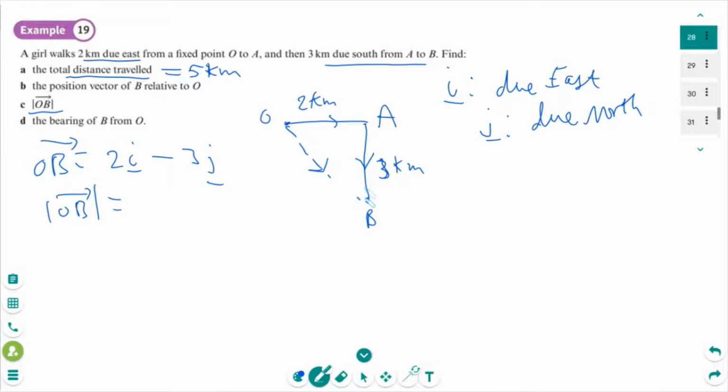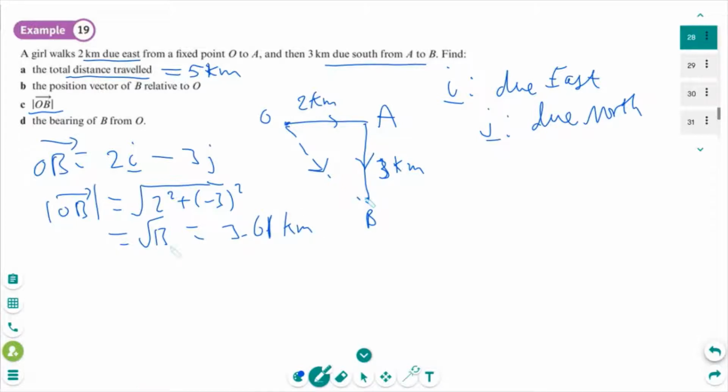It's the square root of 2 squared plus negative 3 squared, 4 plus 9, root 13. As a decimal in kilometers, that's 3.61 kilometers, rounded to 3 significant figures.